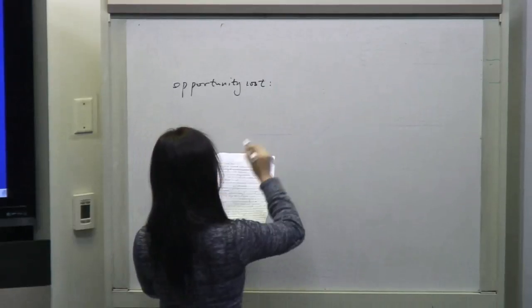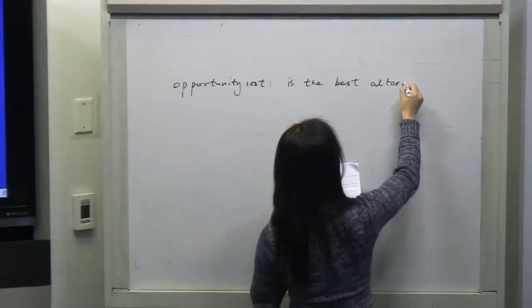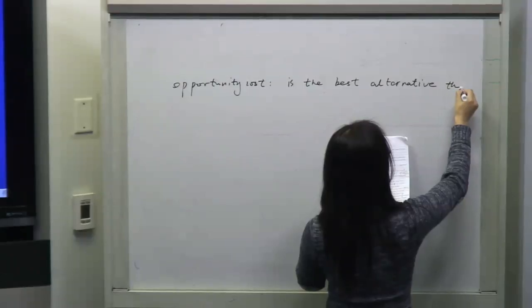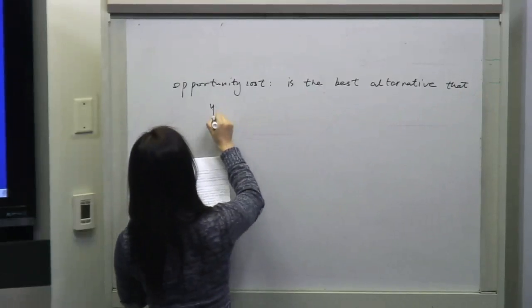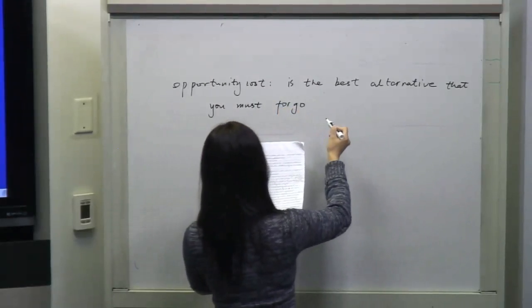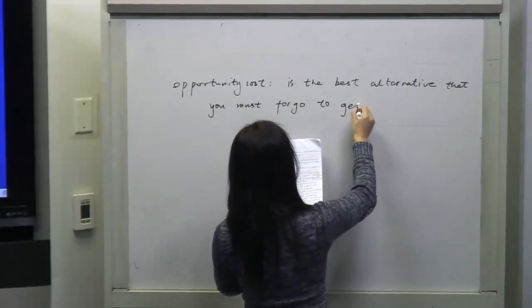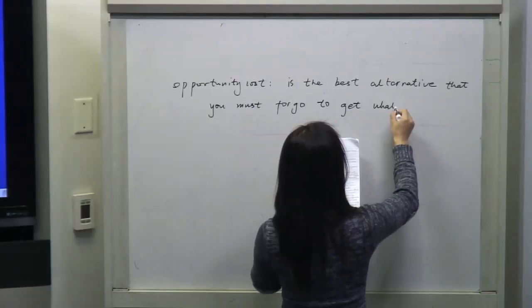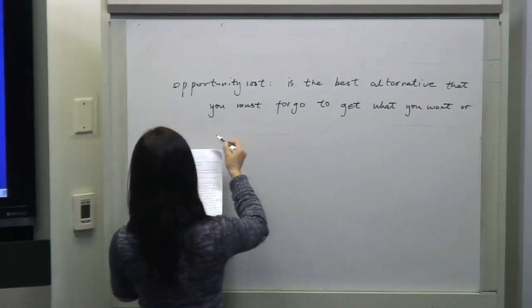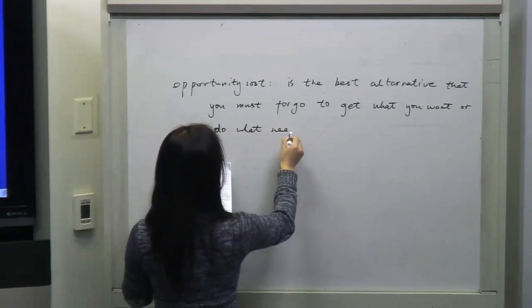Okay, opportunity cost is the best alternative that you must forgo to get what you want or do what you need to do.